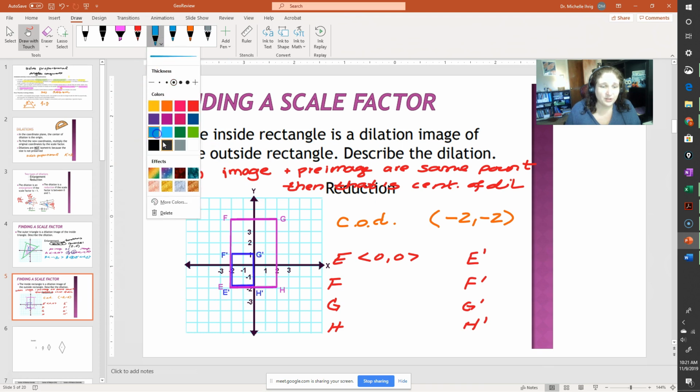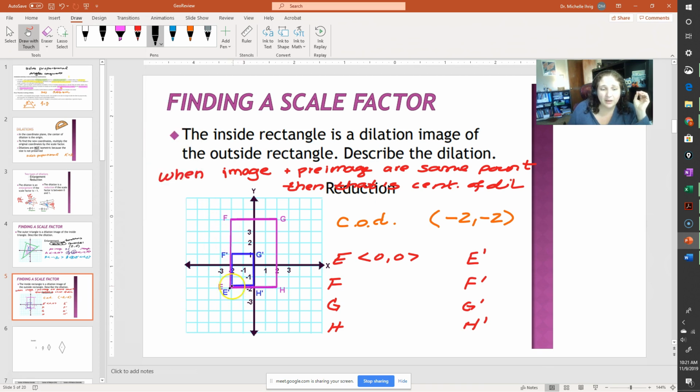Okay, what we need to do is count distance from the point. So if I think of E, this point right here, how do I get from this point up to here? Well, I know that I'm not moving left or right at all. The x-coordinate is staying the same.